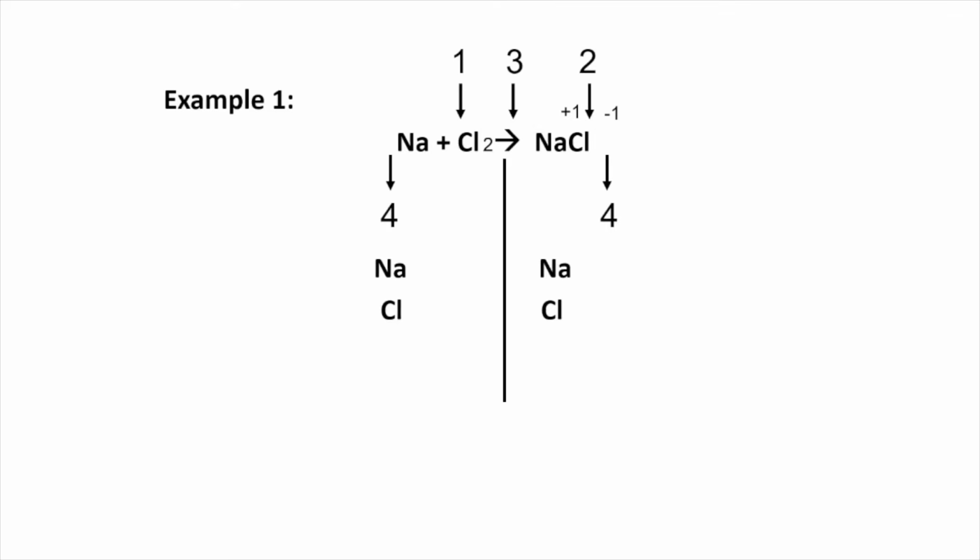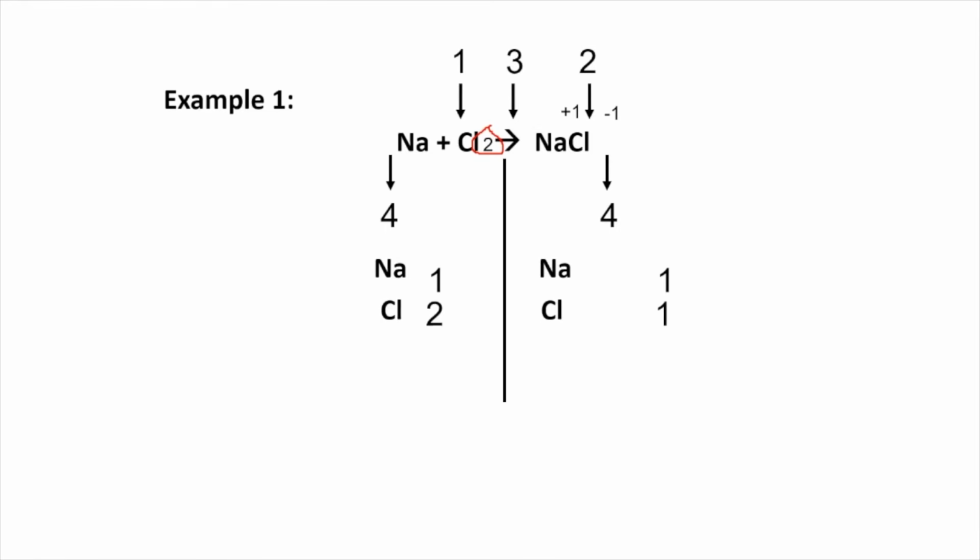And step 4 is to write out our elements on the reactant side and our elements on the product side. The number of sodium atoms that we have on our product side and on our reactant side is 1. But the number of chlorine atoms that we have on our reactant side over here is 2, and on our product side is only 1.